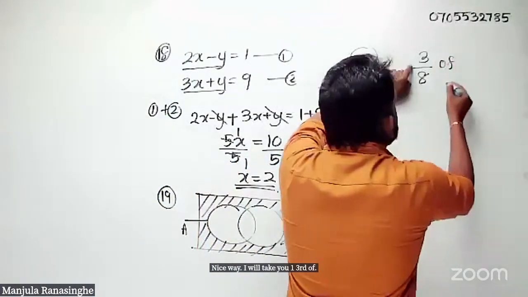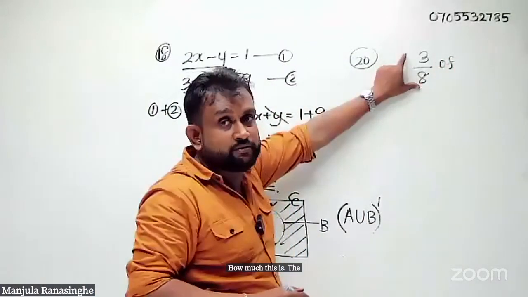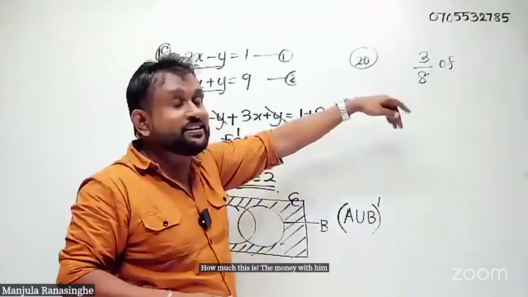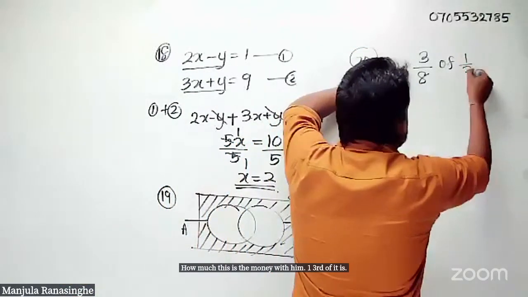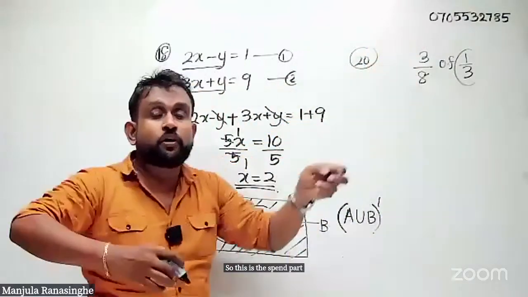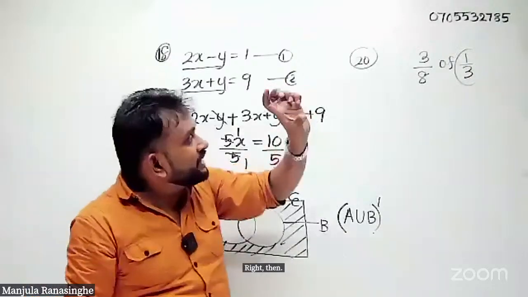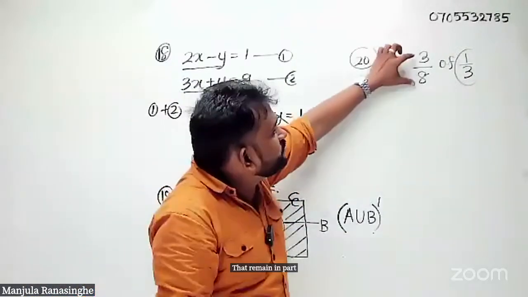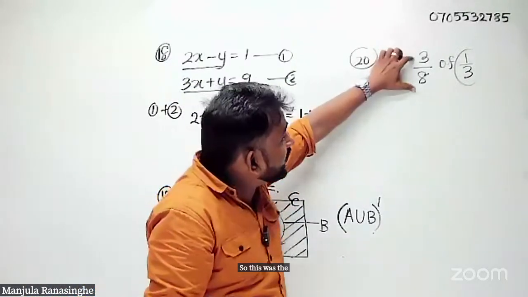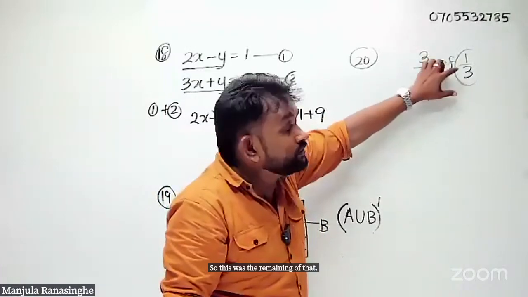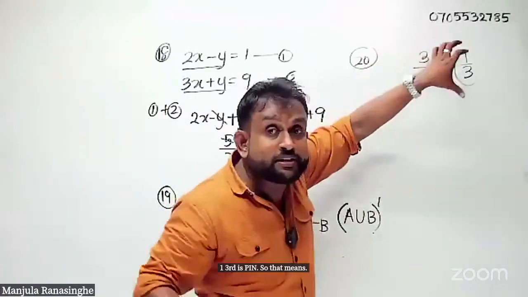1/3 of how much? This is the money with him. One third of it is spent. So this is the spent part. One third is spent of 3/8. Then the remaining part is what? So that means from this, how much remaining?